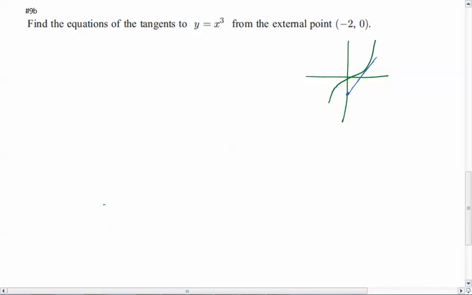Whether there's another one, I don't know that there is going to be. If you went all the way down here, or maybe up here, you may be able to get one more tangent somewhere. But let's find out by doing the work.